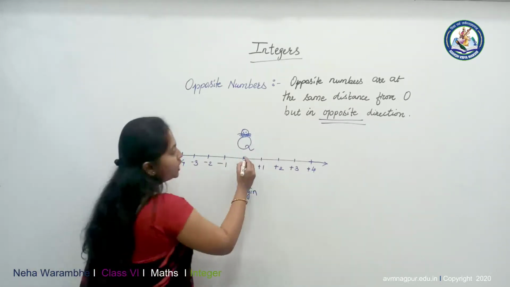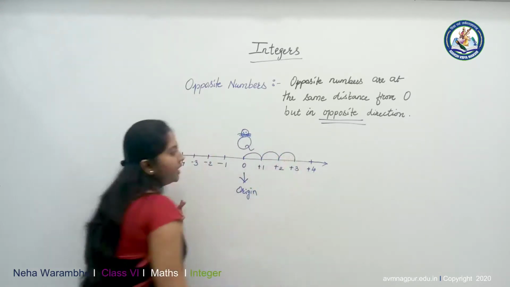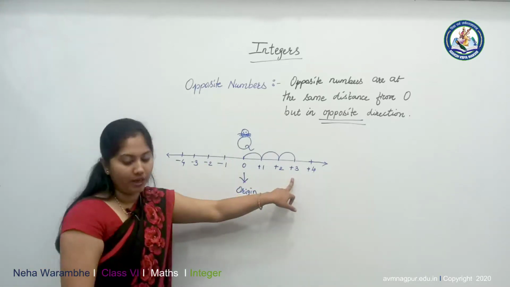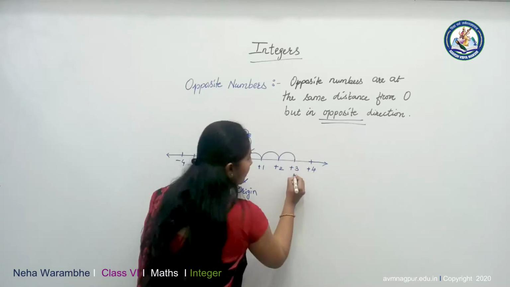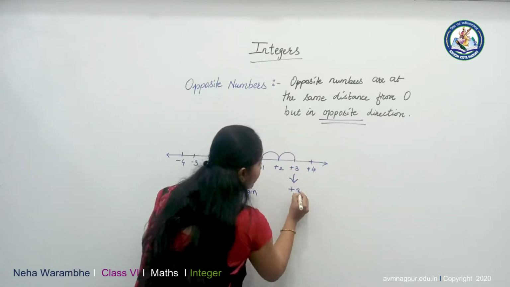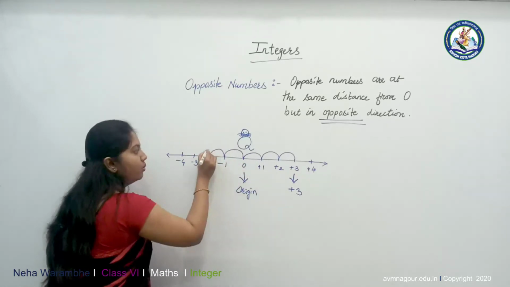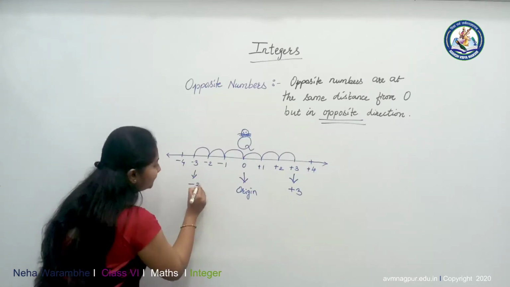When the cat jumps 3 units, 1, 2 and 3, to the right side of the number line, it reaches plus 3. And when this cat jumps 3 units, 1, 2 and 3, to the left, it reaches minus 3.